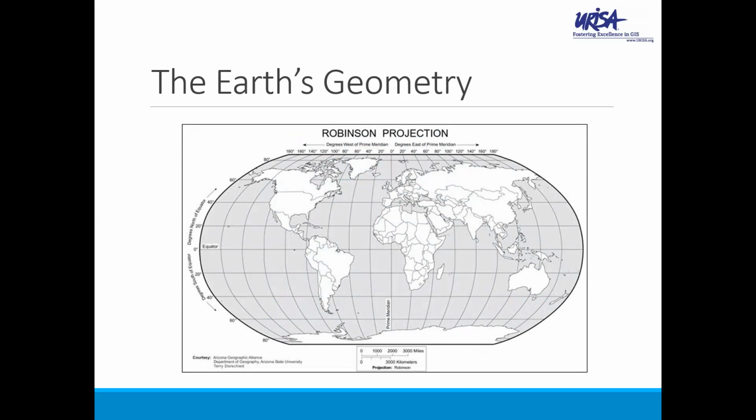There are innumerable projections of the Earth's surface, and every one of them serves a purpose. Some of them hold certain features fixed, and other elements of the geometry have to give. This happens to be the Robinson projection here.